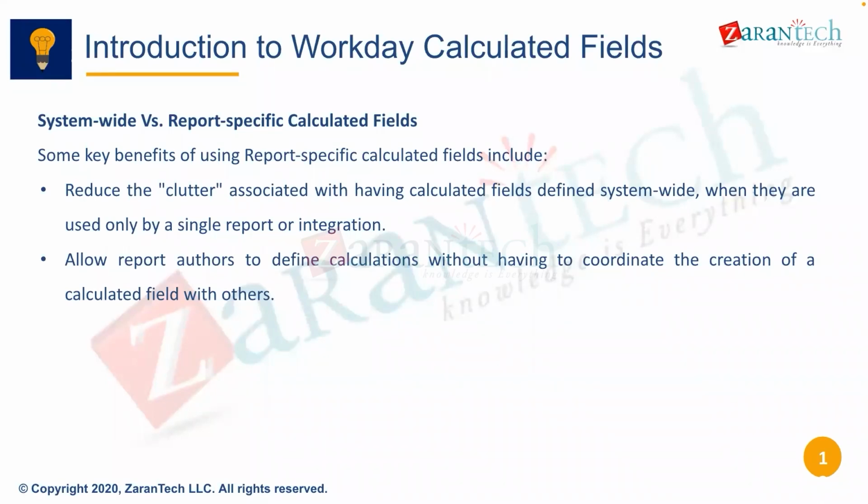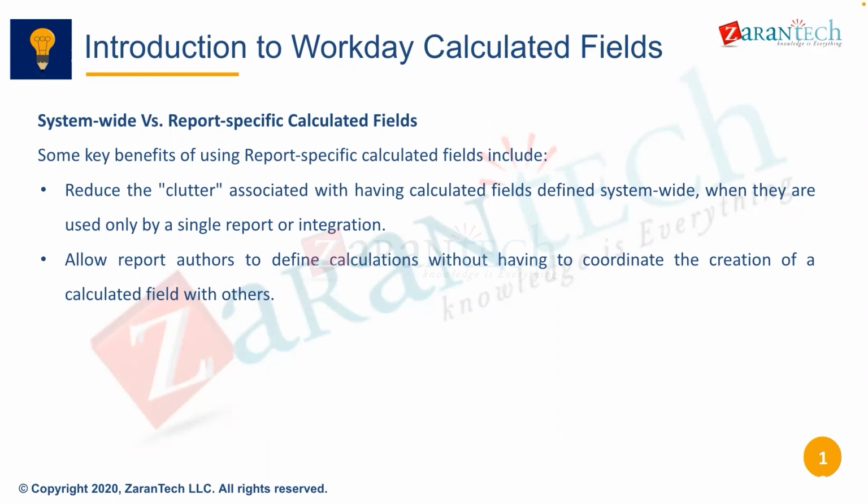They will only be used if there are special business case scenarios. As I said, when you create a report-specific calculated field, it doesn't allow other users to edit it or make modifications to it. That's the advantage we carry.